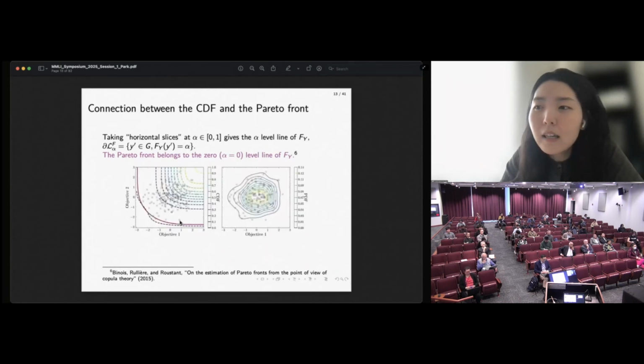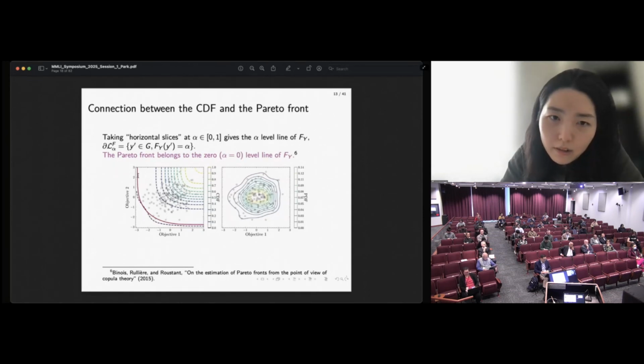To illustrate this, here I drew 200 points from a known distribution in gray dots. And the true Pareto front is the solid red curve. And then I ran kernel density estimation on the 200 points to get the PDF on the right panel.